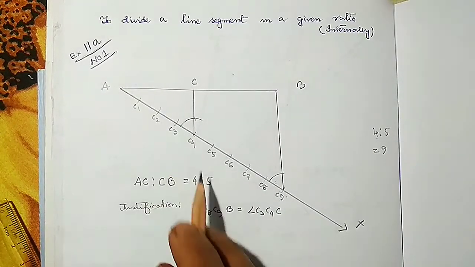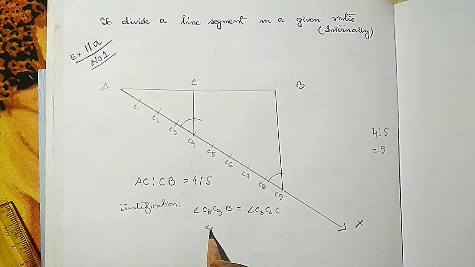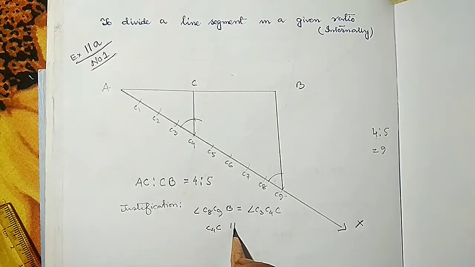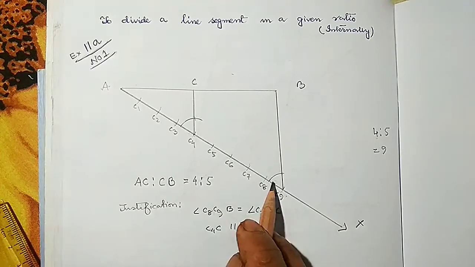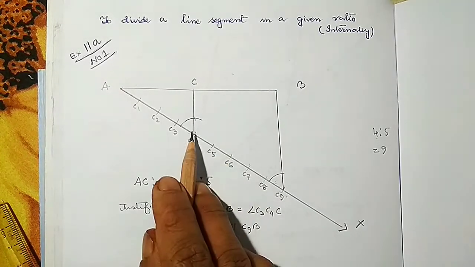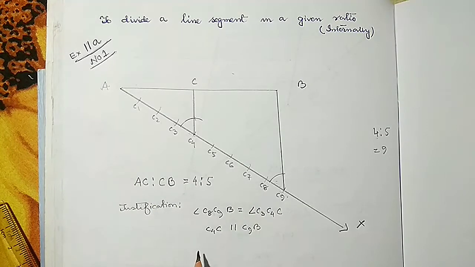These two angles are equal. Therefore, C4C is parallel to C9B. Because these two corresponding angles are equal, this line must be parallel to this line.